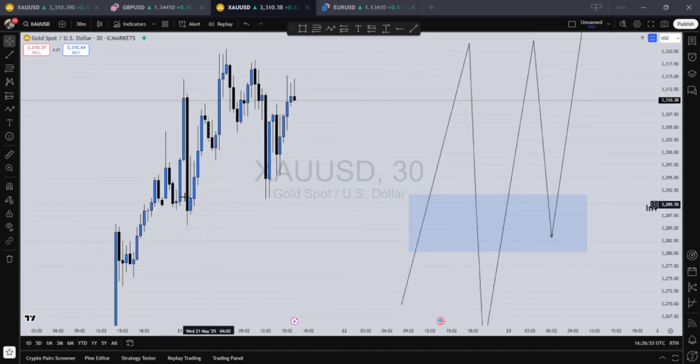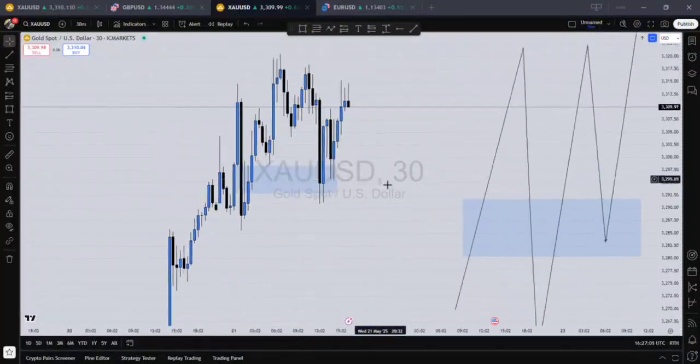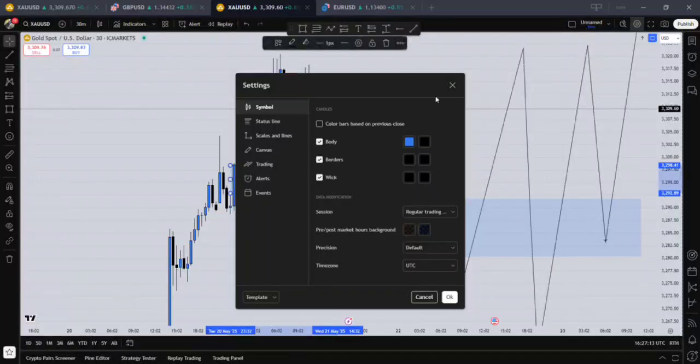All right, for example, if you look at what's happening in this current market, you will see a fair value gap here that price failed to react to. You can see that later on price came and reacted from the zone. Look at it, an inversion fair value gap.